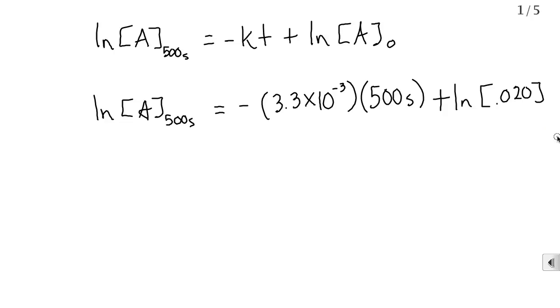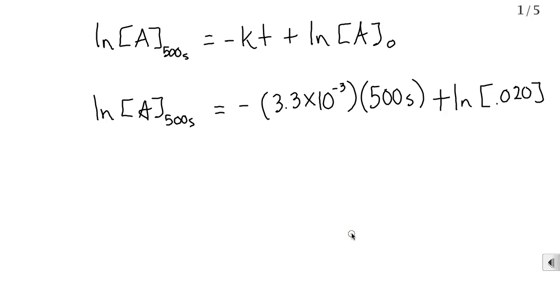Now in my calculator, if you're not good at calculators, negative 3.3, and then the EE button, 10 to the whatever, and then times 500. I would hit equals every time. This part should give you negative 1.65, okay?